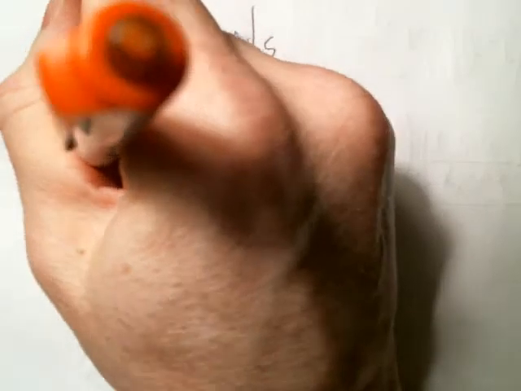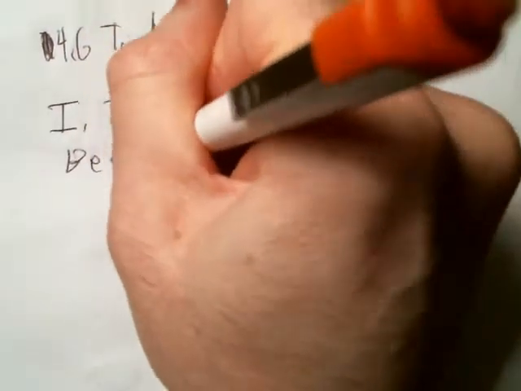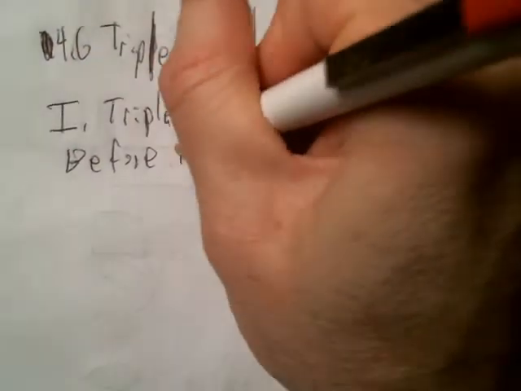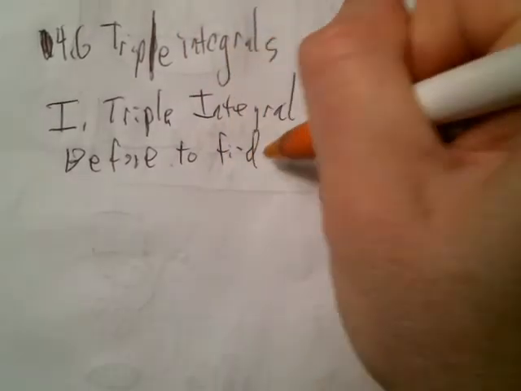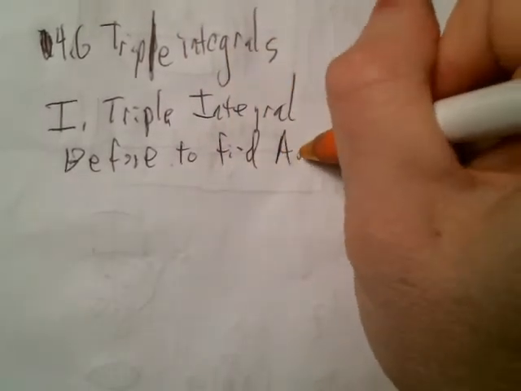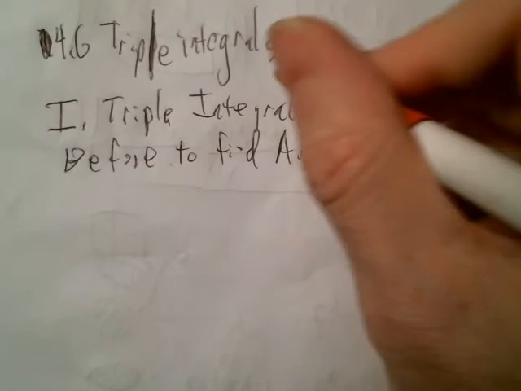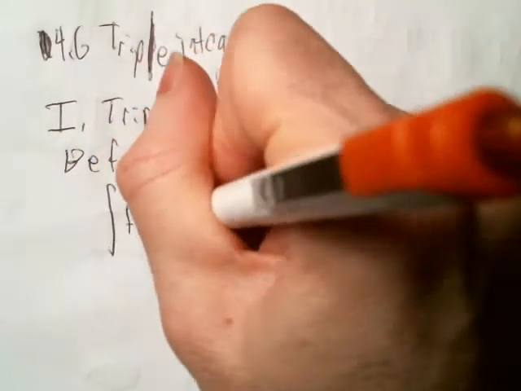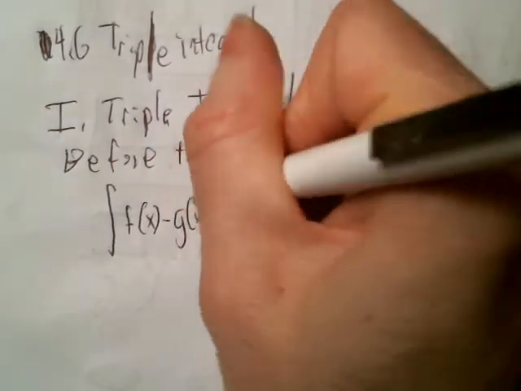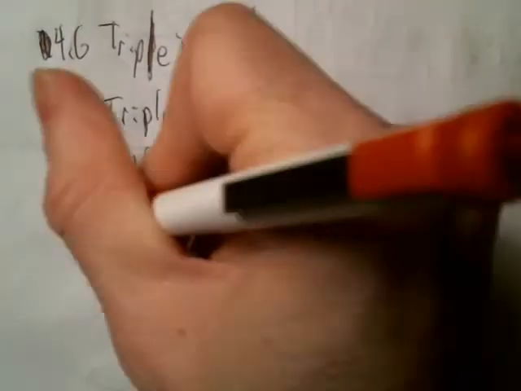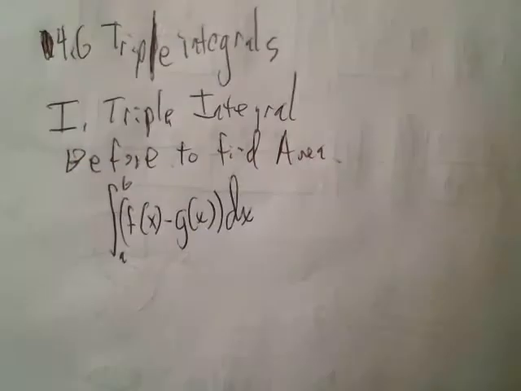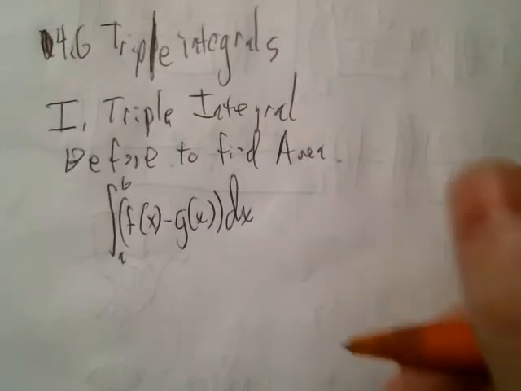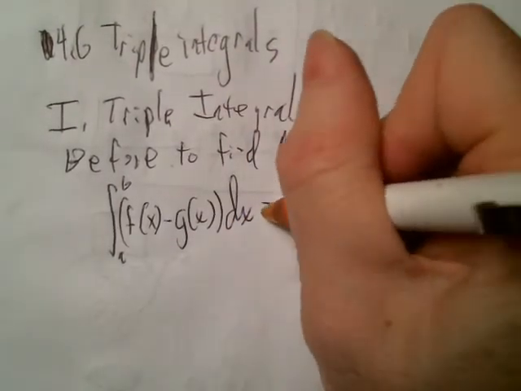So before, in order to find area between two curves, in Calc 1, we would take the difference of the curves and integrate that from some intersection point to some other intersection point.